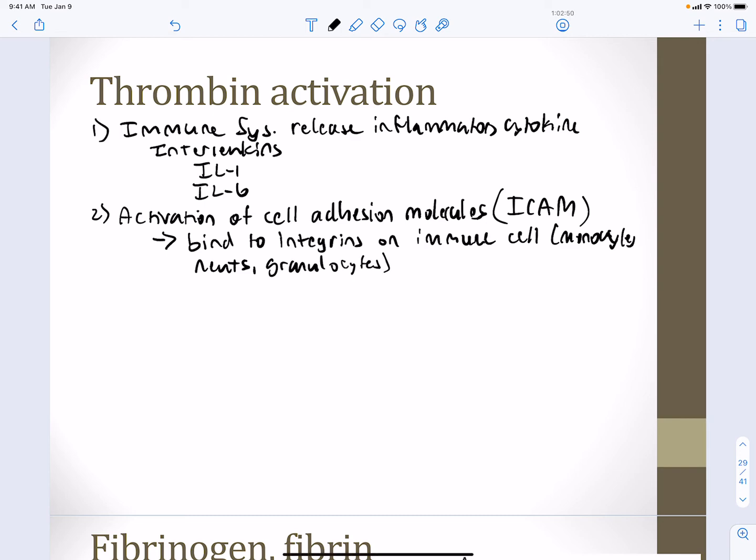ICAMs are also expressed on your endothelial cells, so the immune cells and endothelial cells can interact as well.